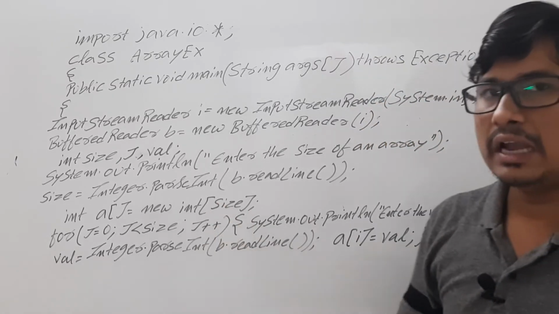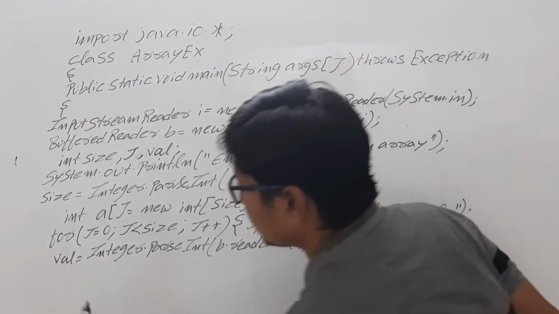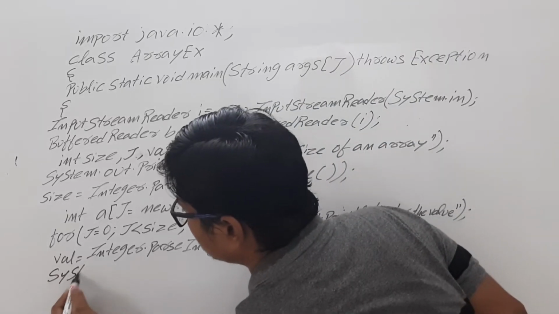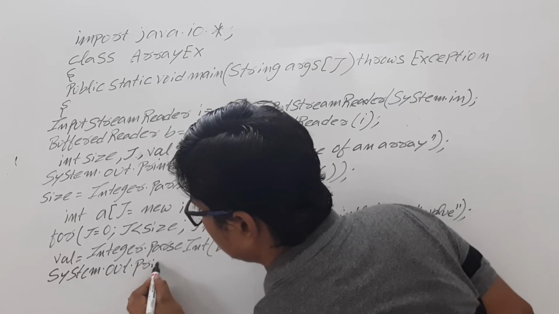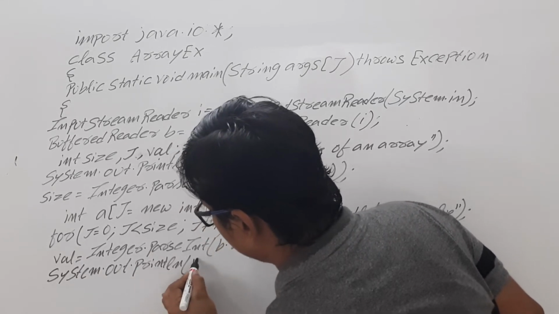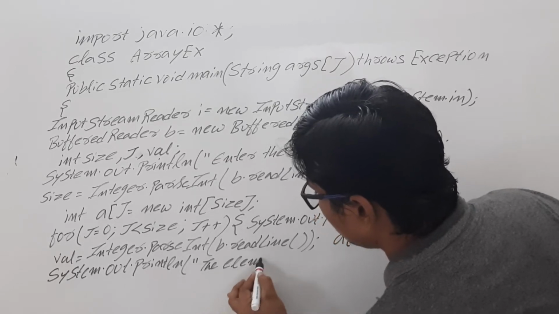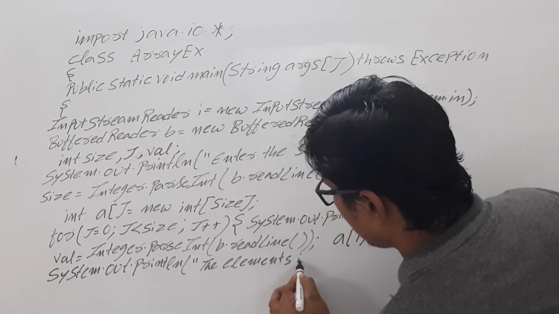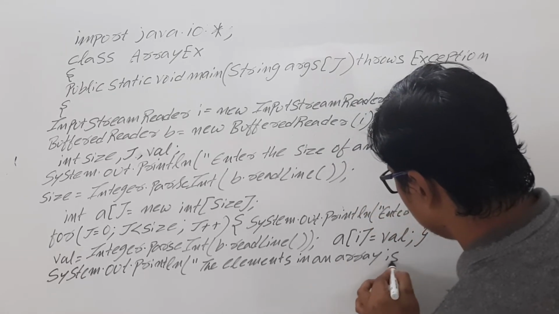Now whatever the values are there, I want to display them back to the user. Then I can write System.out.println("The elements in an array are").